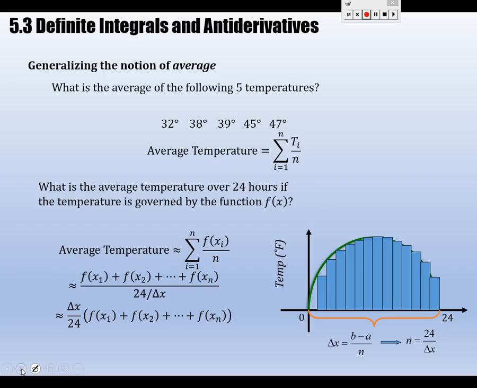If we had a set of discrete values. Here are all those values. Here's delta x over 24. Or, using summation notation, we have this. I just decided to pull the delta x in, right?